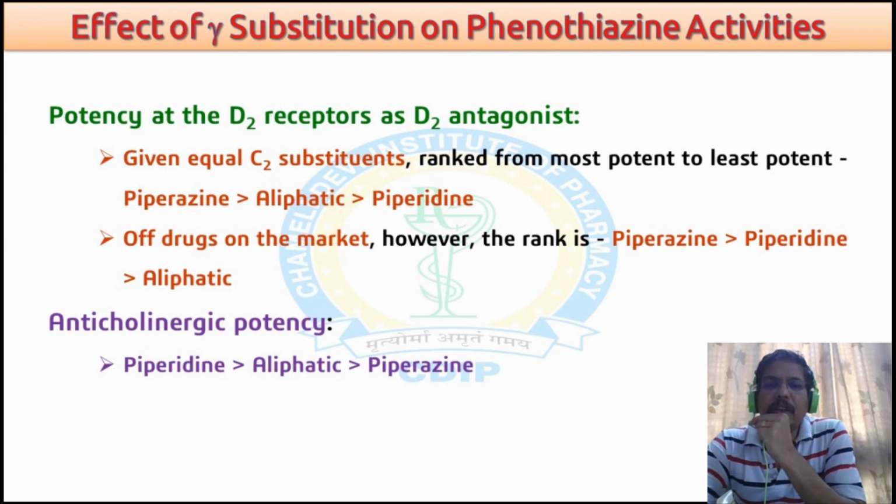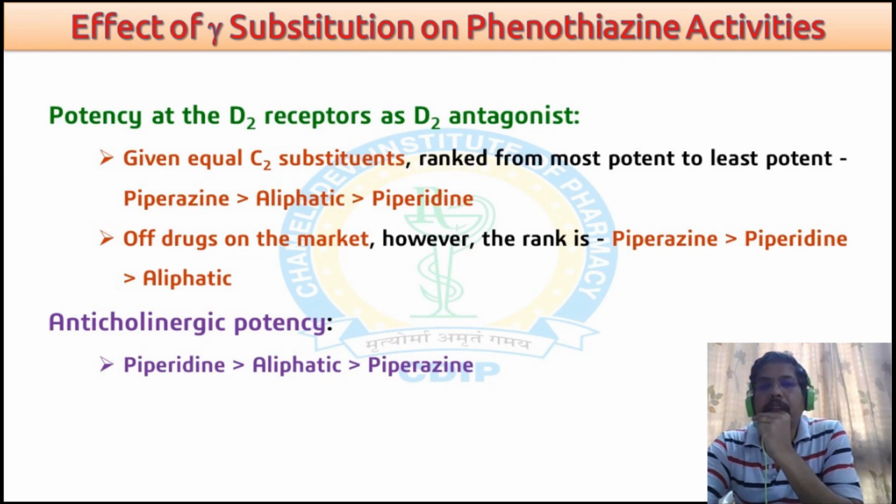If you look at the potency at the D2 receptor as antipsychotic or neuroleptic activity, then the rank from most potent to least potent: piperazine analogs are quite potent as compared to the dimethylamino substitutions.